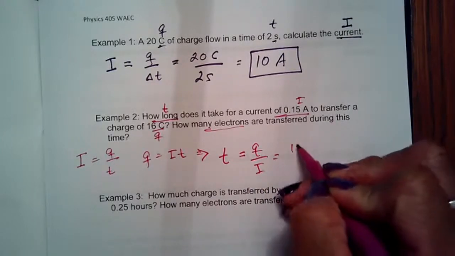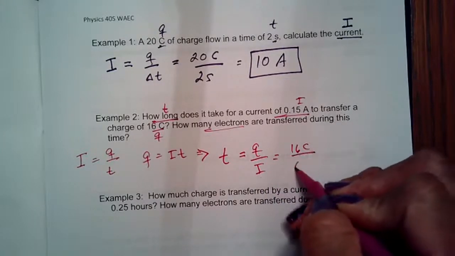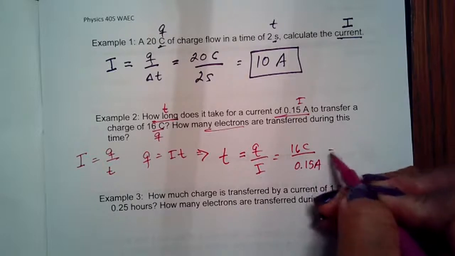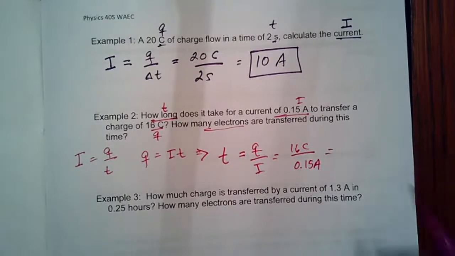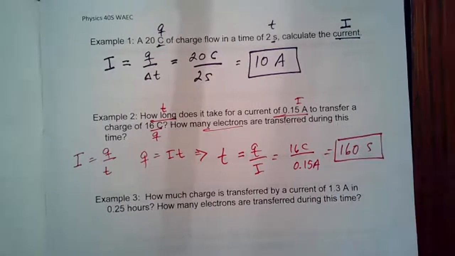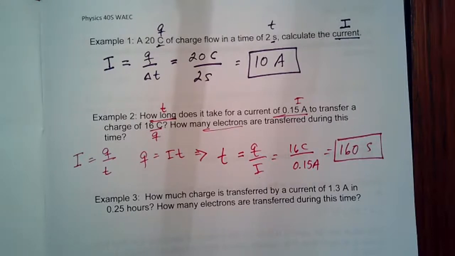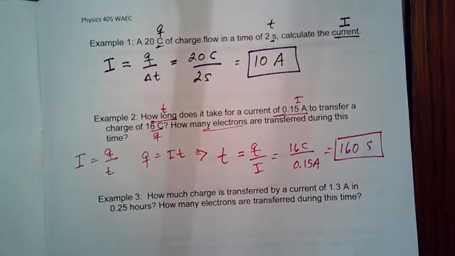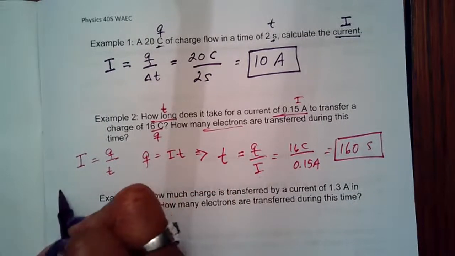The Q is 16 coulombs divided by 0.15 amps. Do that on the calculator, and you have 160 seconds. That's the first part of the question. Then we're looking at how many electrons are transferred during this time. At this point, I'm going to define the charge.